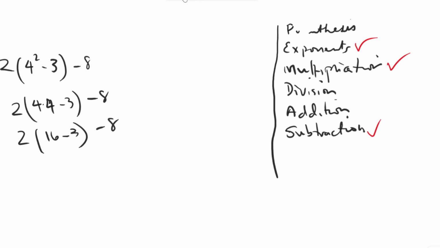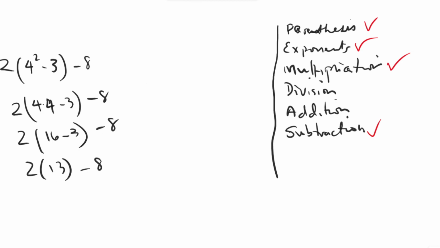Yes, we're going to go for this one here. This is 16 minus 3. This is equal to 13. So we get 2 factor 13 minus 8.